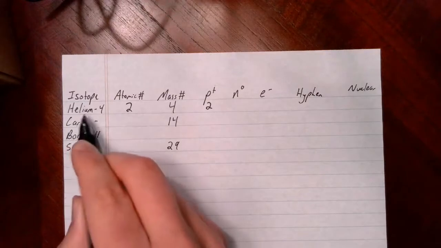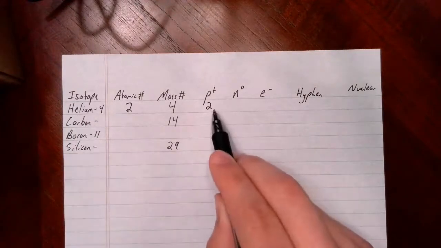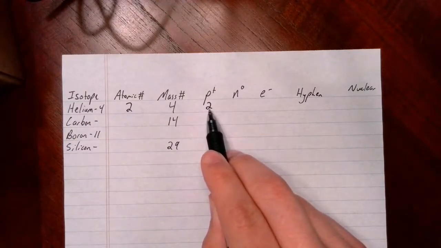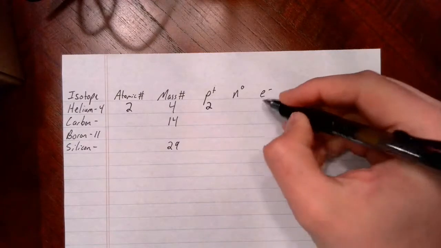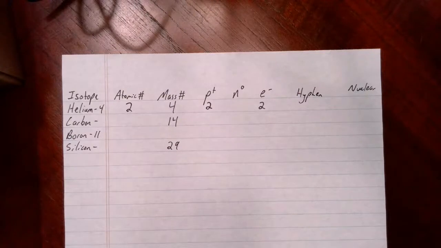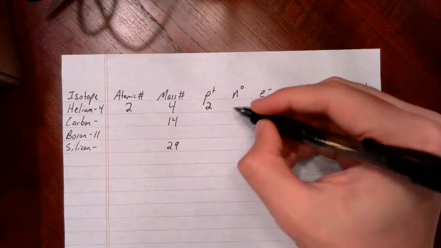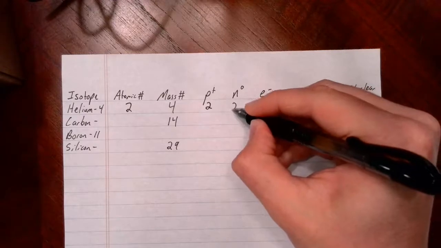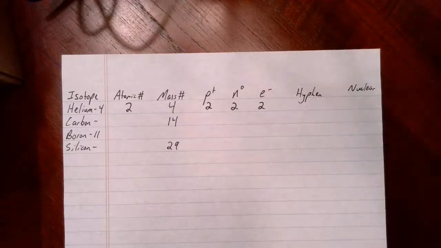It doesn't show helium having a charge, so we know the number of protons is equal to the number of electrons. Okay? So then we know that the mass number is equal to the number of protons plus the number of neutrons. So I know in this case that 4 minus 2 is equal to 2 neutrons.